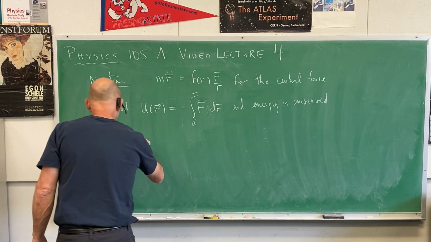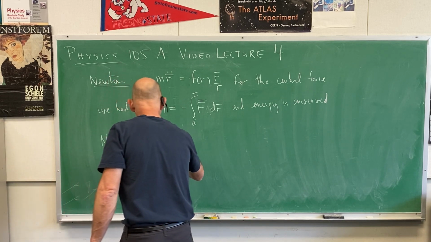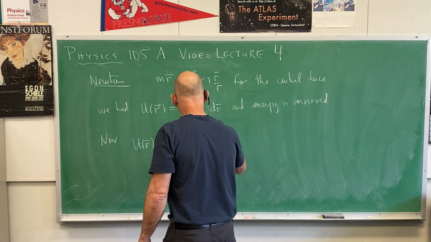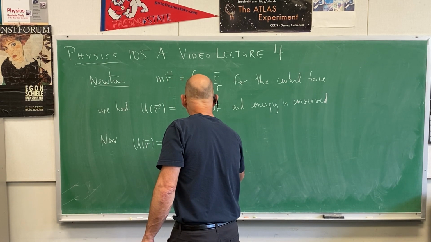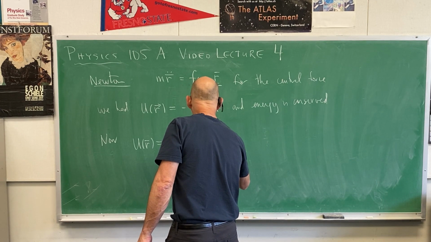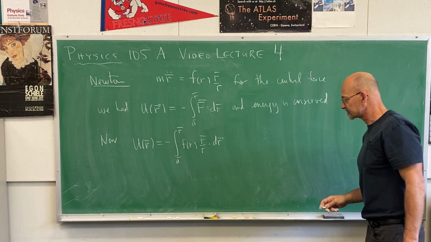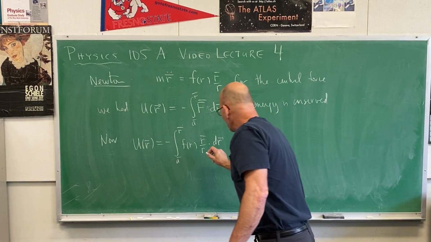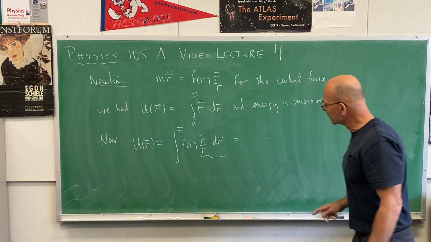So now, U of R equals, let's plug in this definition, F of R, unit vector R dot dr. And we'll take a look at this before we continue on with our result.